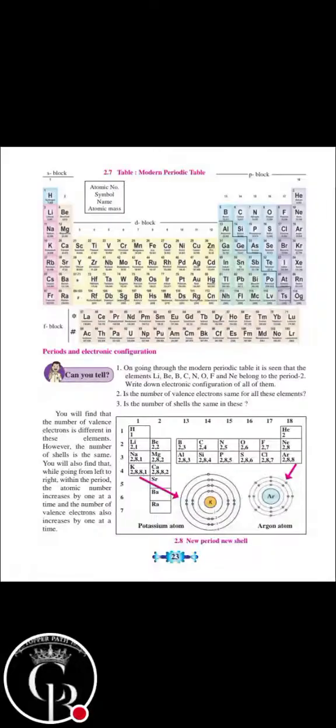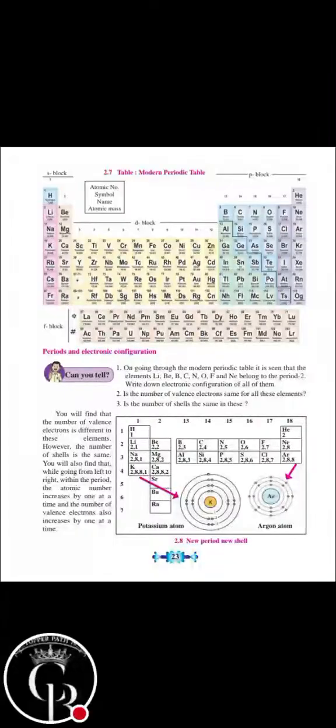In a period, the valency of the elements varies with electronic configuration. Second, the number of valence electrons is different in these elements. However, the number of shells is the same in the period while going from left to right.